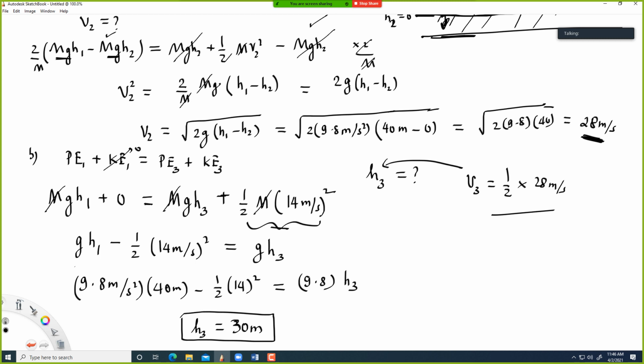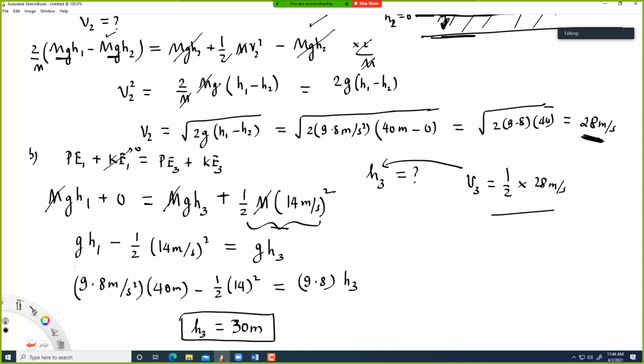Okay, so that's that. 20 meters? What do you mean? If you just think about it logically, you think of it like 20 meters, since you're at half the velocity.